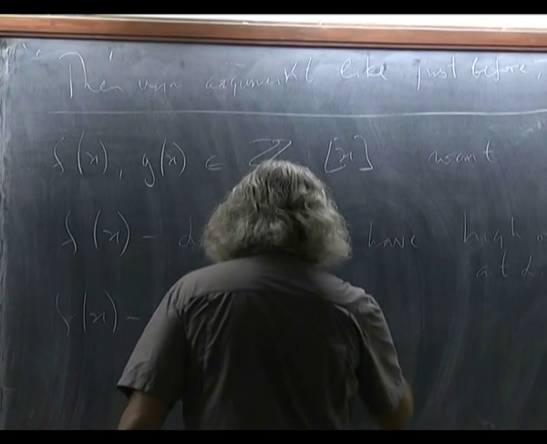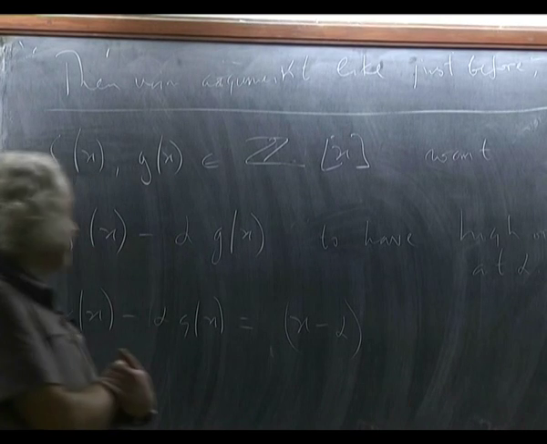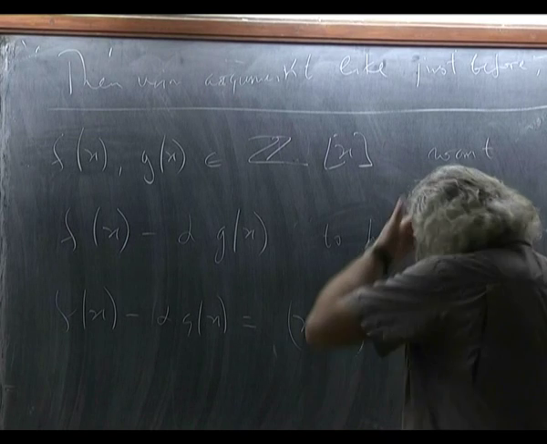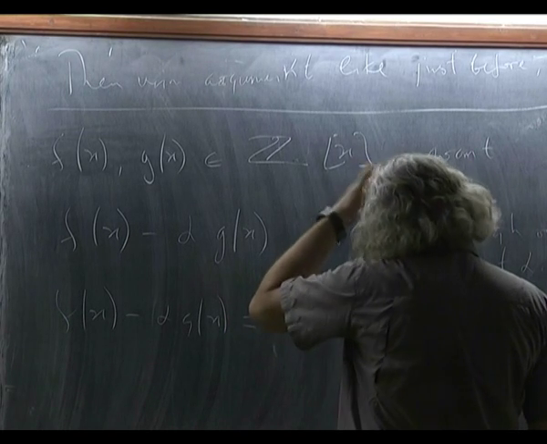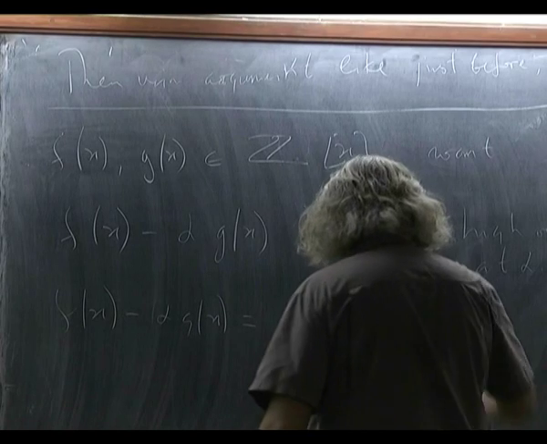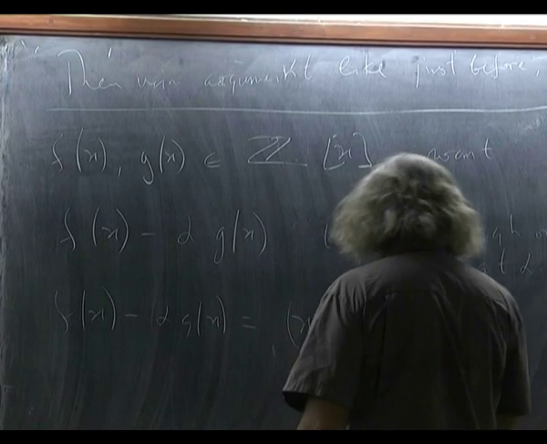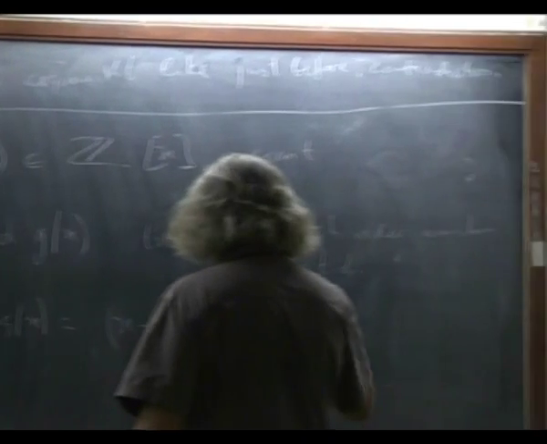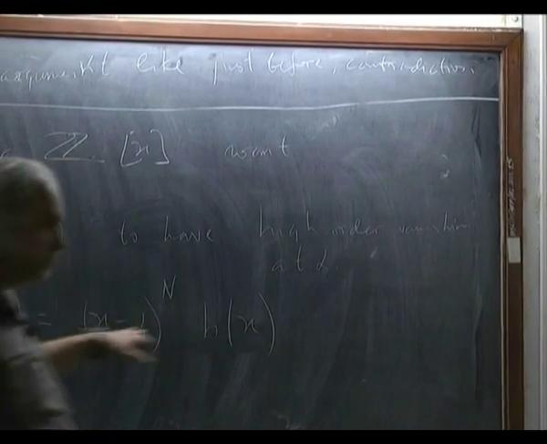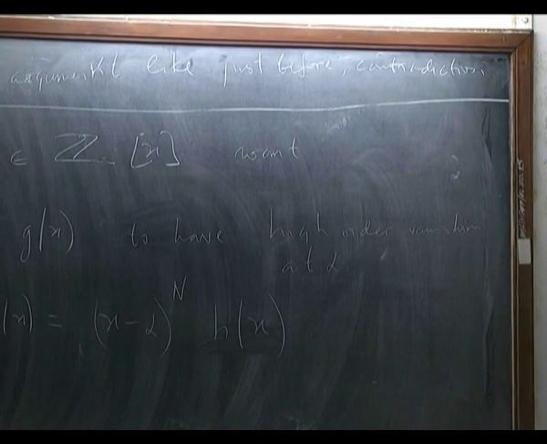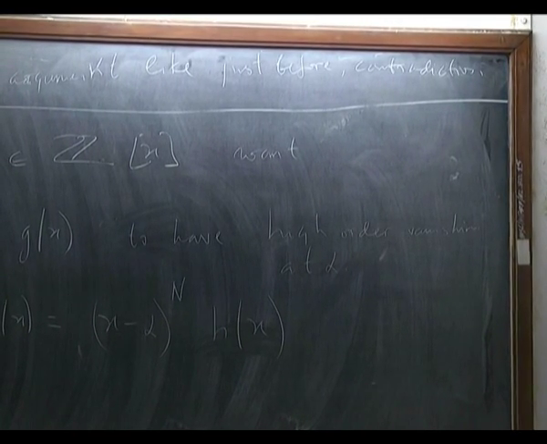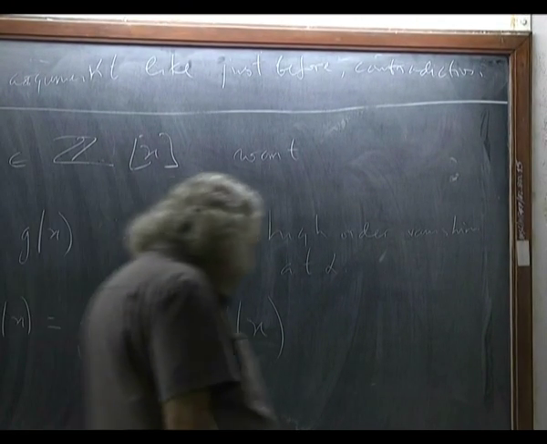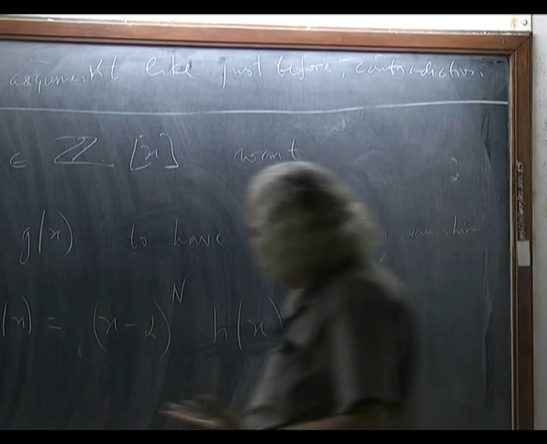Say f of x minus alpha g of x looks like x minus alpha to some big power, some number n, times some other polynomial h of x. Now, if we obtain this, then what would we have?